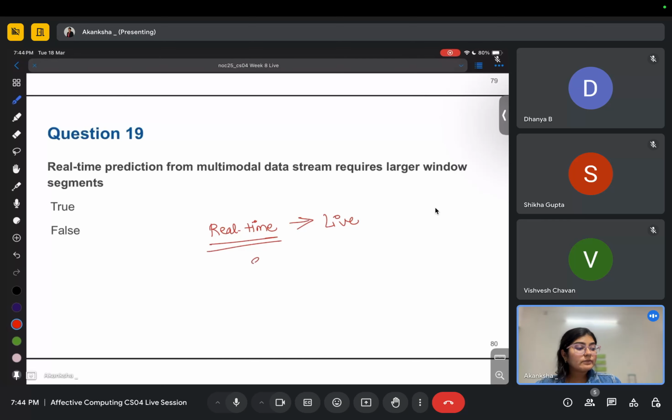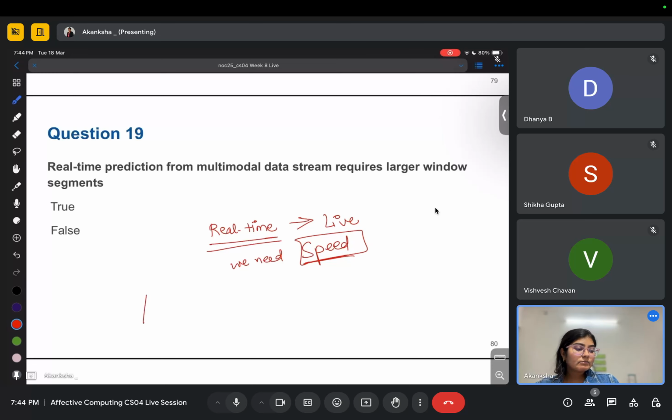So that means we need speed. Speed is the main concern. So for real-time predictions, should we use larger window segments?